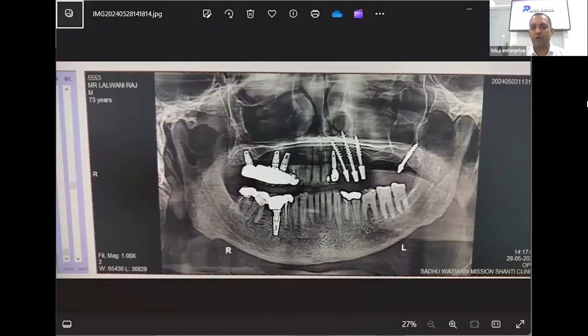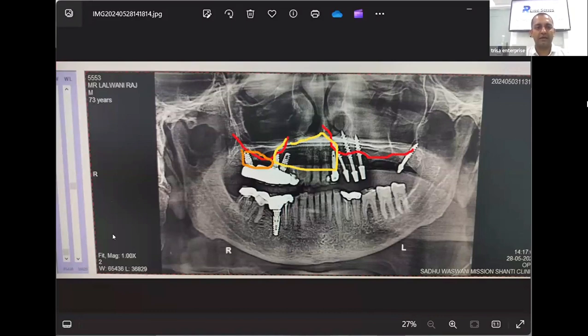So to repeat, on an OPG X-ray, if I mark the sinus over here, this is zone A, which I'm marking in yellow. What is below the sinus is your zone B, marked in orange.